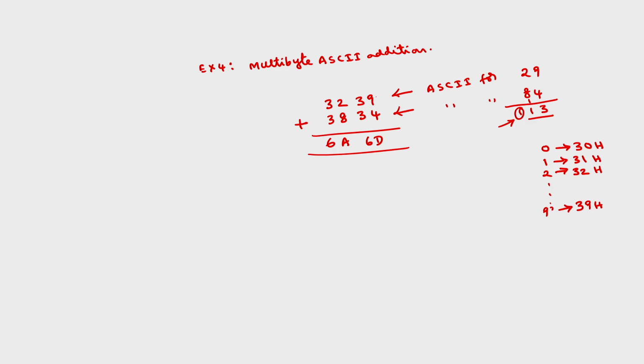So what is the procedure? Again you assume the same memory locations: the first ASCII number in 2 consecutive locations with some offset, the second ASCII number in 2 more consecutive locations, and you store back the result in the second number. You just replace the second number with the result, similar to the previous program. Let us assume the same locations.